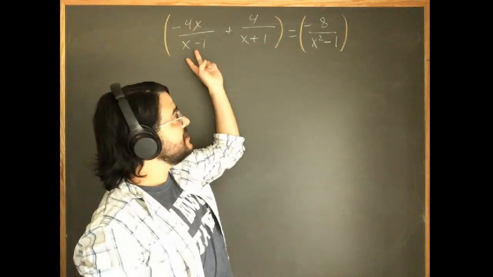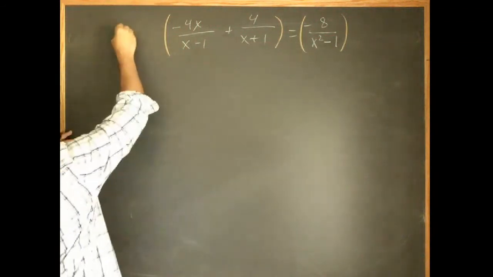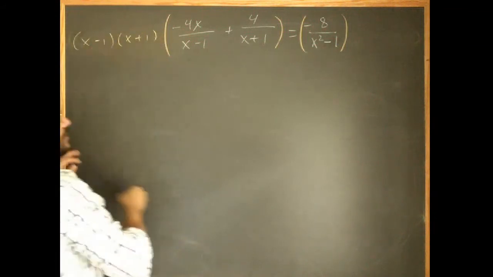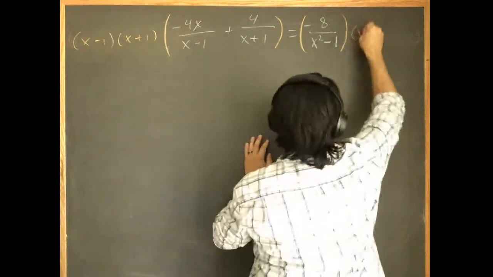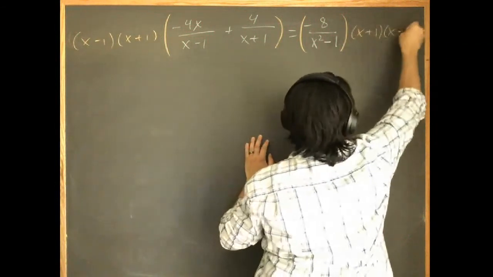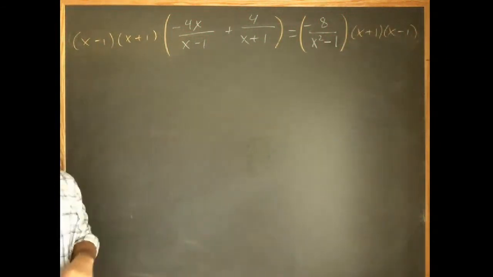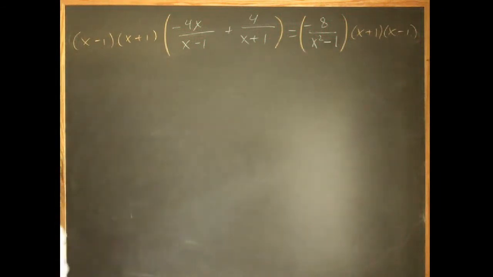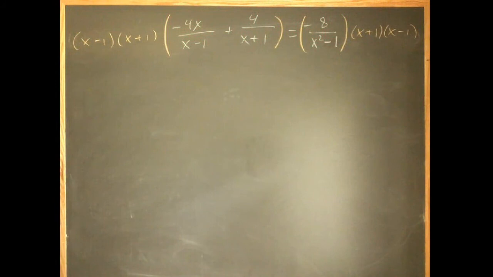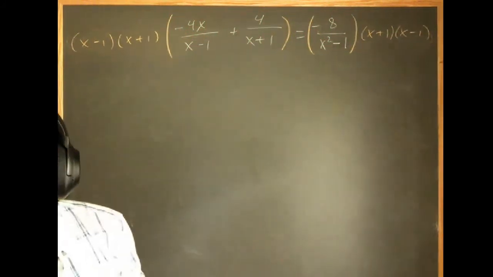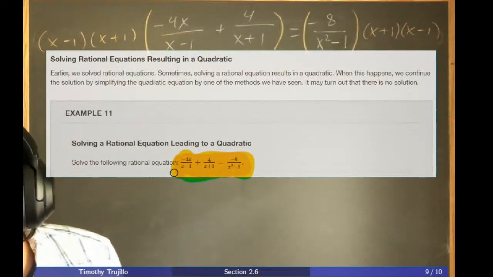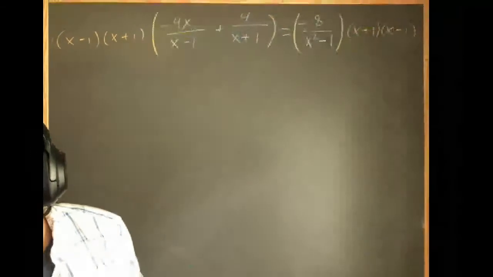So the least common denominator in this case is going to be x plus 1 times x minus 1. So multiply this side by x plus 1 and this side times x plus 1 times x minus 1. And that's again because this denominator here factors into x plus 1 times x minus 1. I had a plus 1 previously, but it should be a minus 1. Yeah, so here it said minus 1 in that denominator, x squared minus 1.